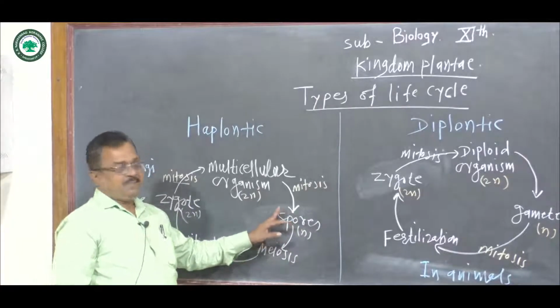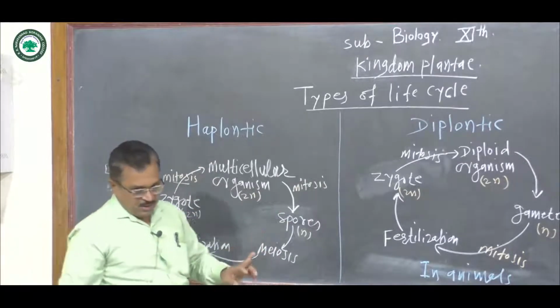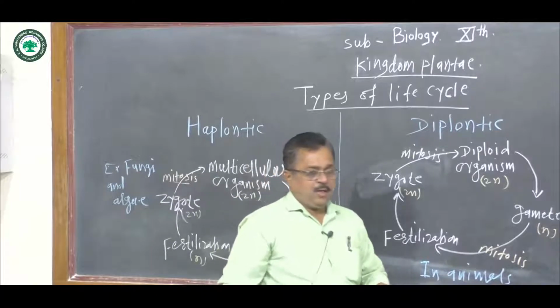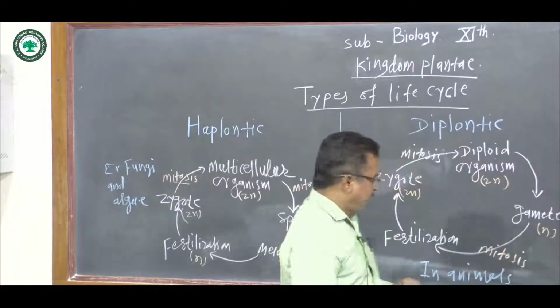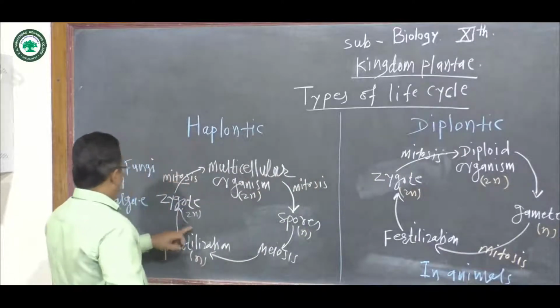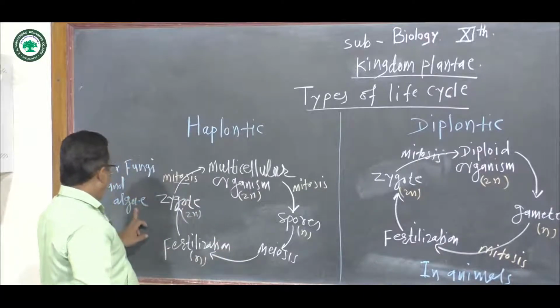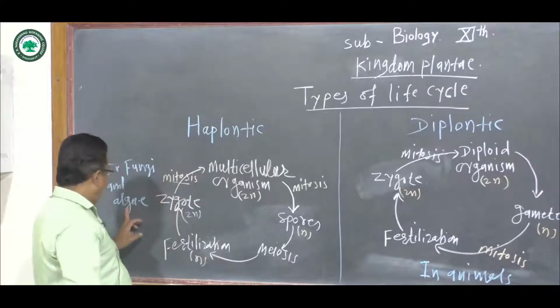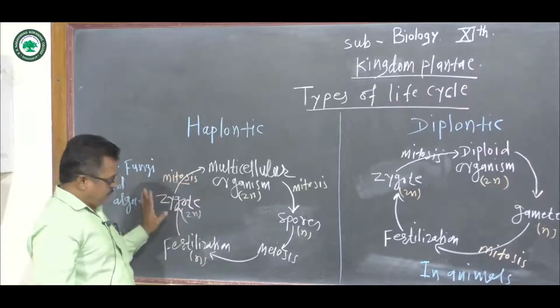Hence, the life cycle is called haplontic type of life cycle. In the life cycle, the haplontic phases are more. Then such type of life cycle is called the haplontic type of life cycle. This life cycle is found in some algae and fungi, like that of the lower organisms.